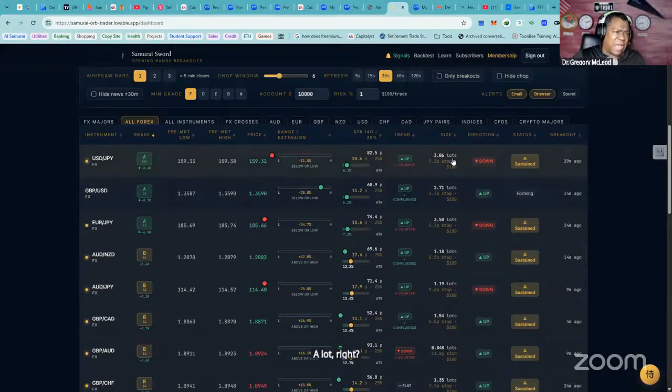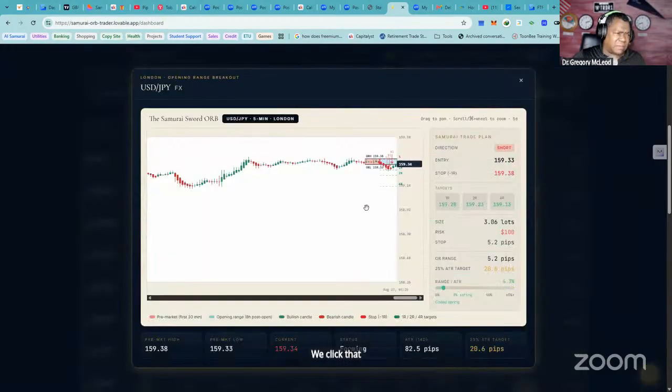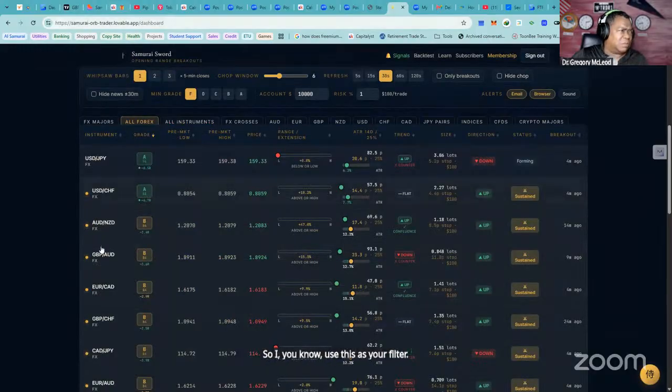It's lining up with the dollar index. And so that's the trade that we're in. We click that, and it's showing where the 4R is, 59.14. So use this as your filter and choose the A and B trades.